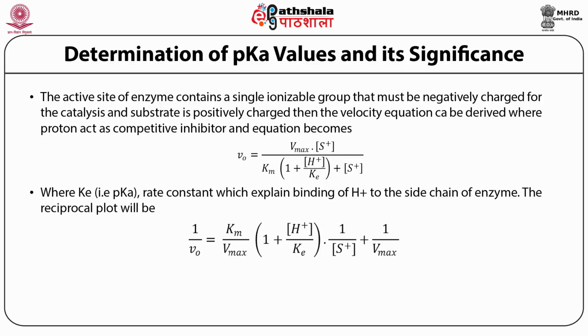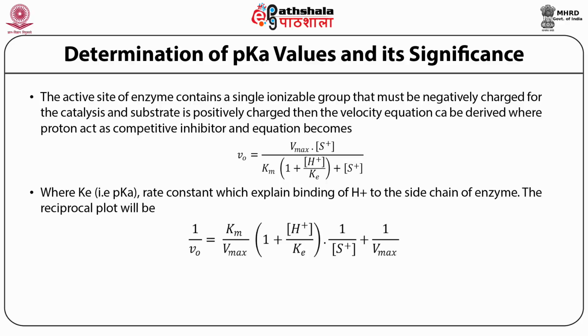Here, if you compare it with the competitive inhibitor, inhibitor concentration is replaced by proton concentration and Ki is replaced by Ke, and Ke is related to pKa, which explains the binding of proton to the side chain of the enzyme.